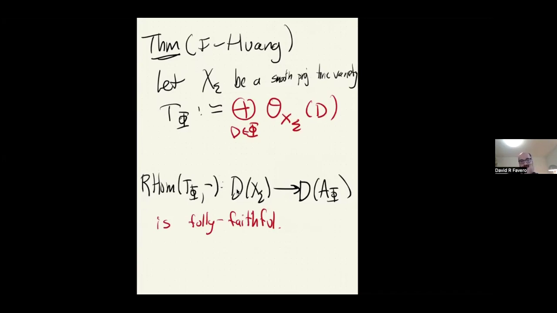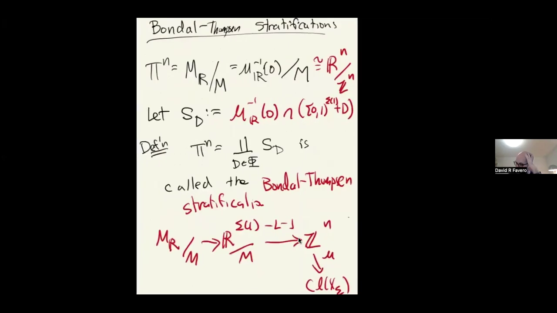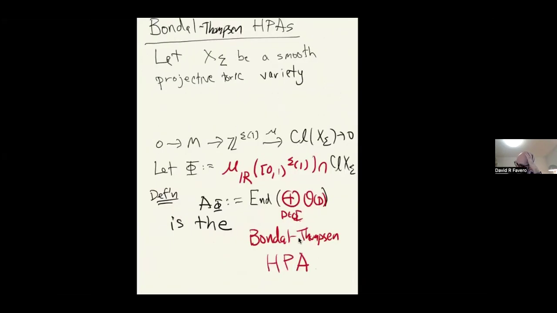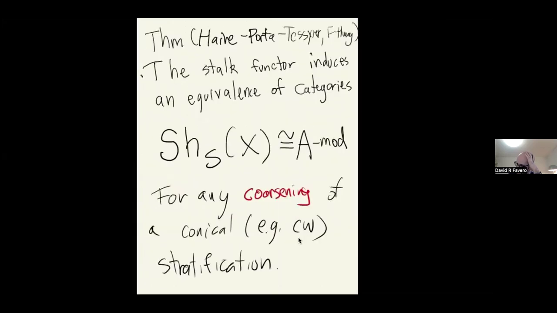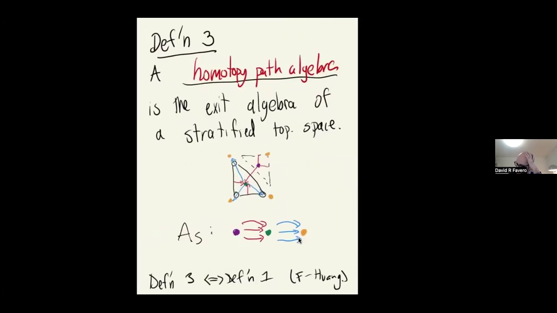I had one more question about your definition 3, about homotopy path algebra that comes from a stratification. Is that any stratification, or do you need a special kind of stratification? Yeah, it's a little bit of a lie.